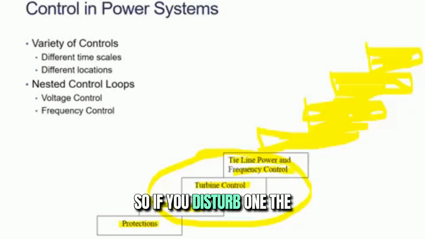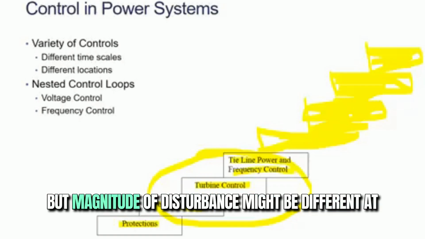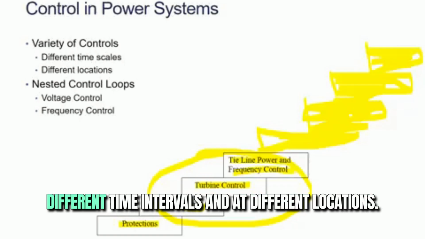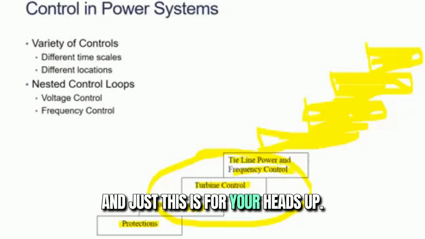If you disturb one, the other will also get disturbed, but the magnitude of disturbance might be different at different time intervals and at different locations. All these things we are going to see later, and this is just for your heads up.